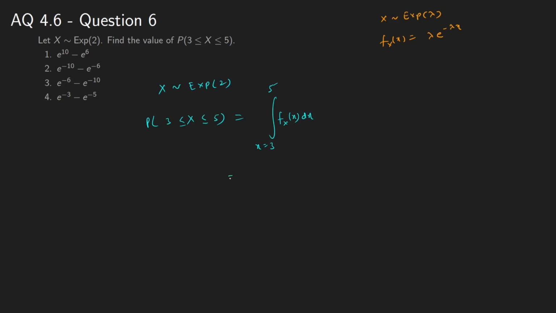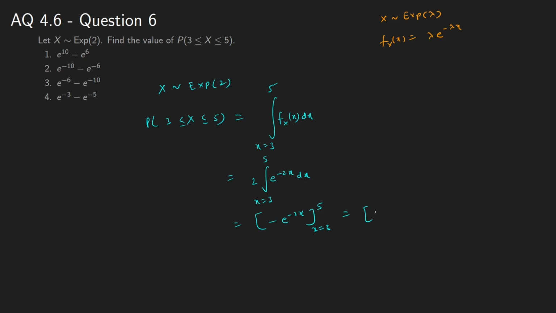So here we can integrate from x equals 3 to 5. The PDF is 2 times e raised to the power minus 2x. So 2 we can take outside. Lambda is given as 2. E raised to the power minus 2x dx. When you integrate it, it will be minus e raised to the power minus 2x between x equals 3 and 5.